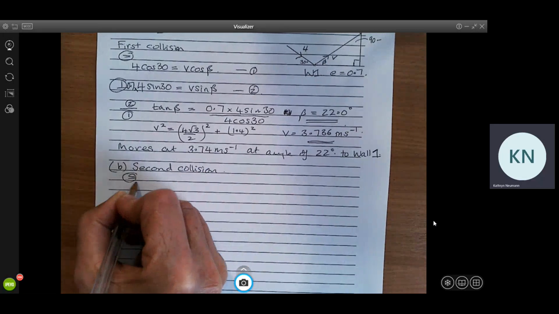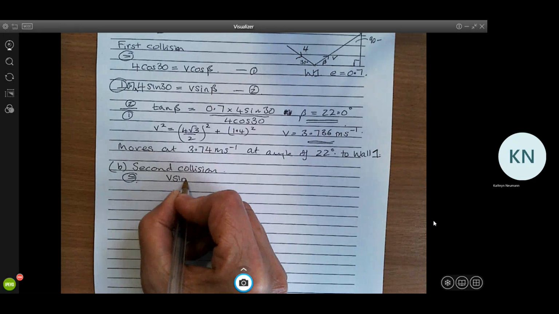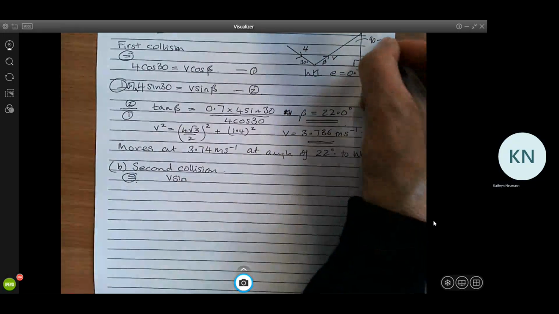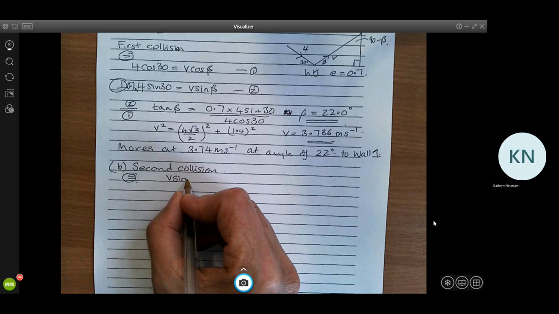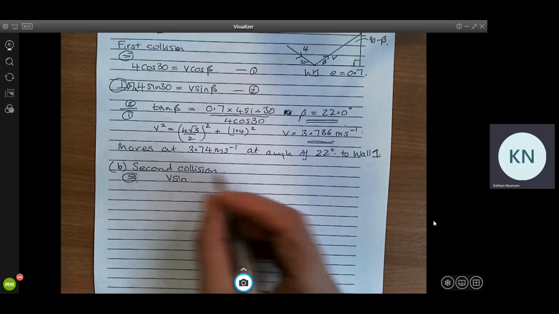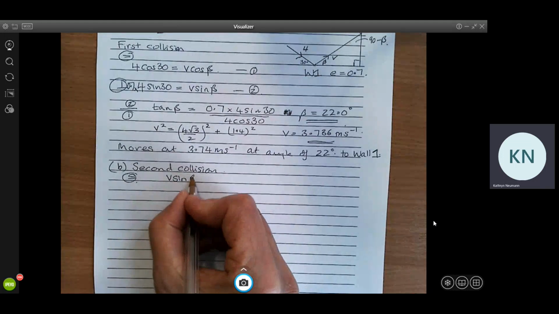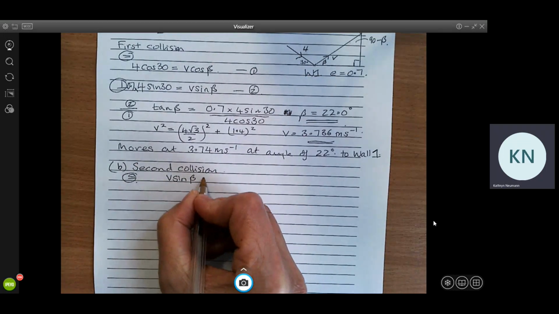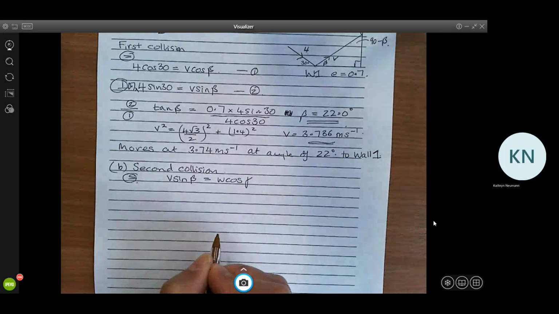Parallel to the wall, this is going to be 90 minus beta. So V parallel to the wall is V cos of 90 minus beta, which is sine of beta, is equal to W cos gamma.